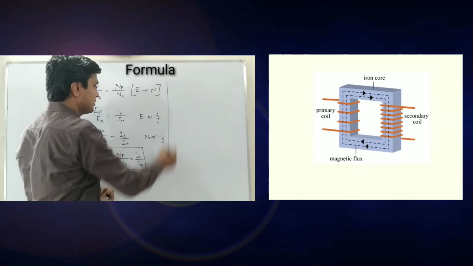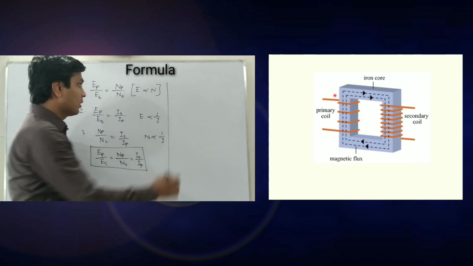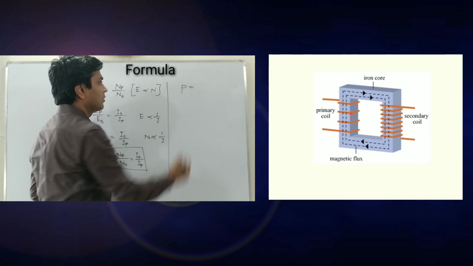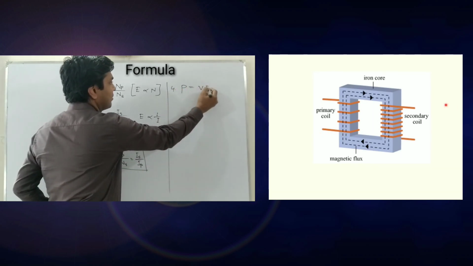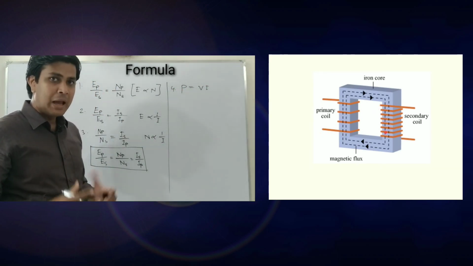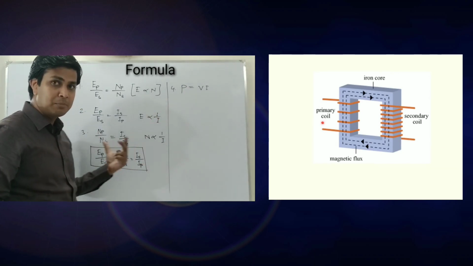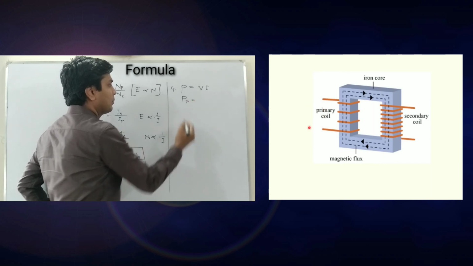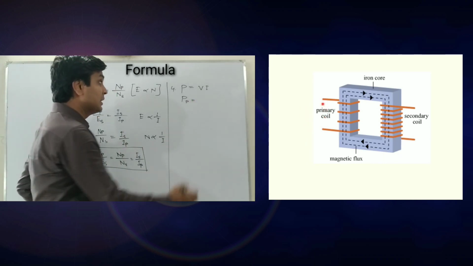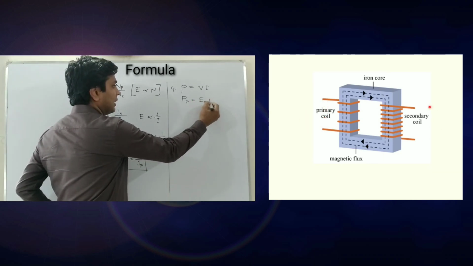And in our previous chapter, we calculated the power. The formula of power is P equal to VI. If we apply that formula in the primary coil, then the power of the primary coil will be EP into IP.